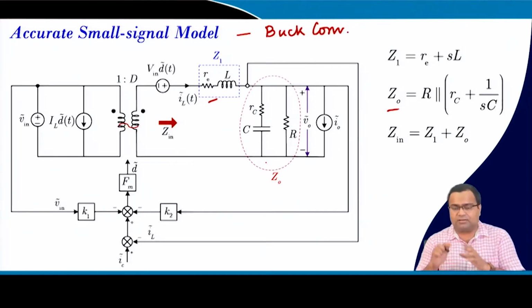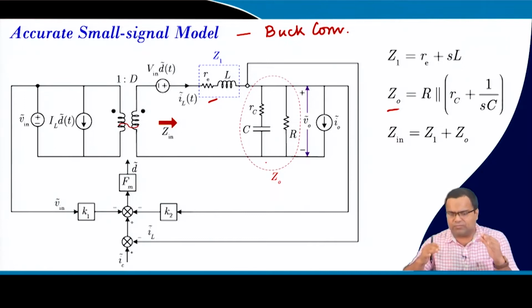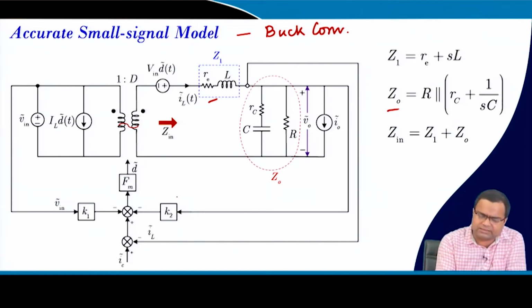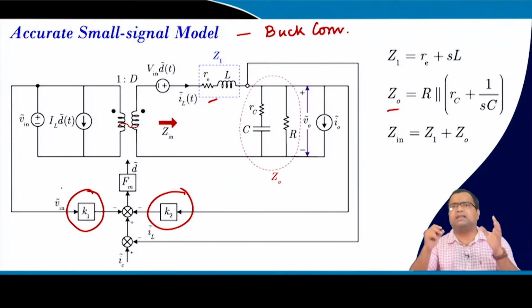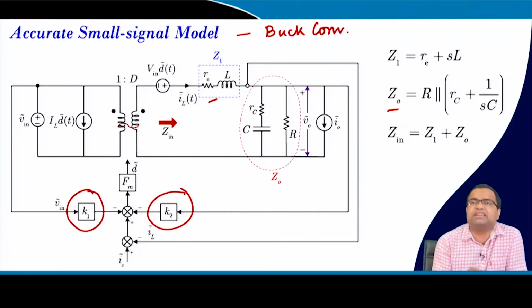But we want to slow down the current loop, because we are going to talk about average current mode control, where we need to extract the information of the average current, so we have to slow down the current loop. That is one reason. The other reason is that suppose we have a band limited current sensor, that means the current loop bandwidth is not very high, because we do not have a sufficiently high bandwidth current sensor. Under all these considerations, it is reasonable that the effects due to K1 and K2, which we have discussed, are insignificant, because the ripple effect is insignificant, and that is why we generally ignore them.